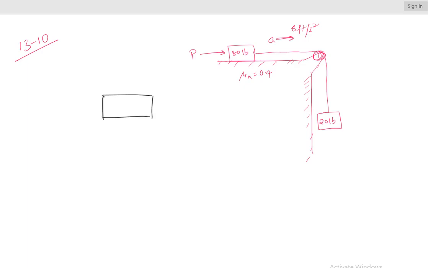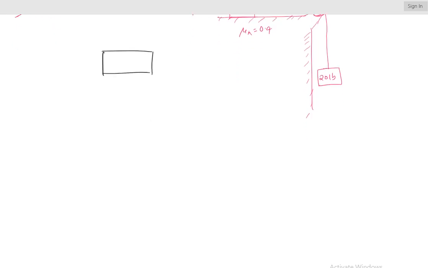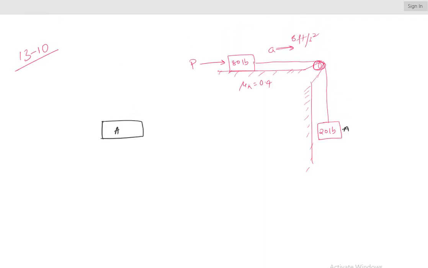First, maybe we should draw the free body diagram of the smaller block, the 20-pound block. I'll just call this block A. Block A, block B.